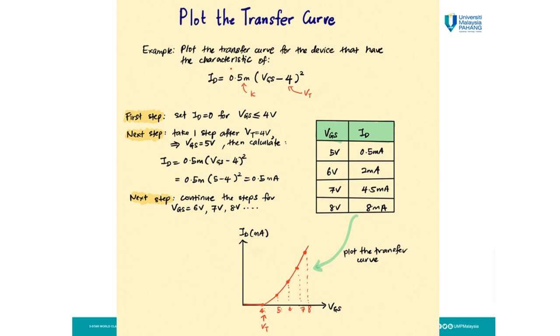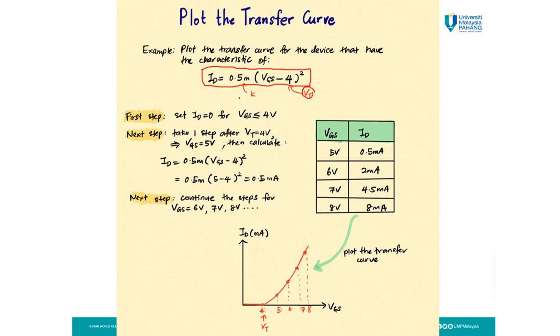Actually this equation is obtained from the formula given for the ID, which is ID equals K multiplied by (VGS minus VT) squared. So in this example, VT is 4 and K is 0.5.